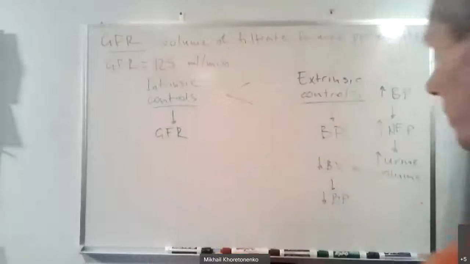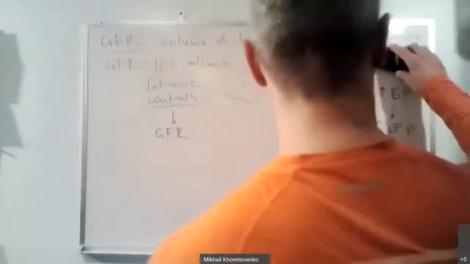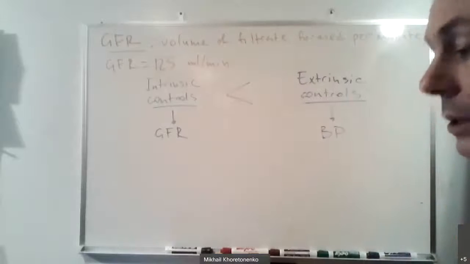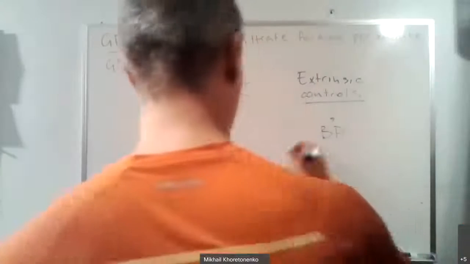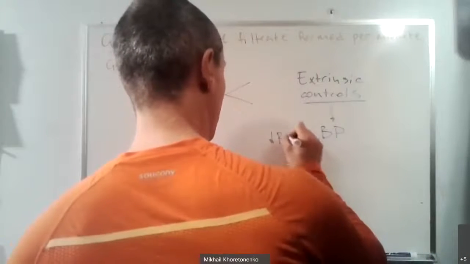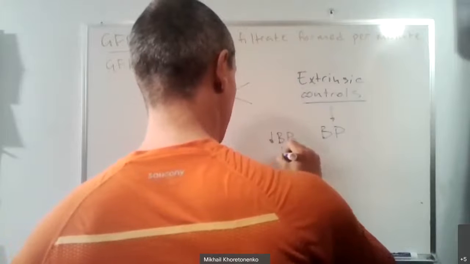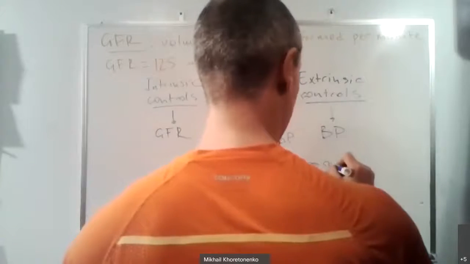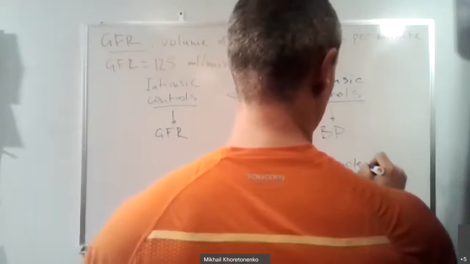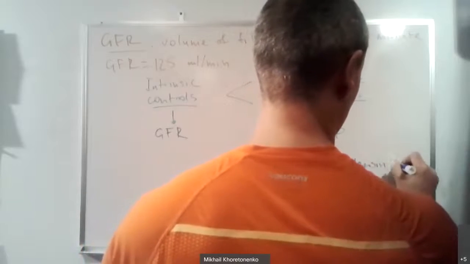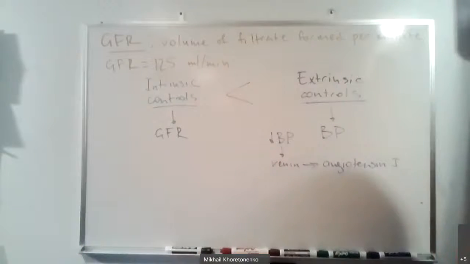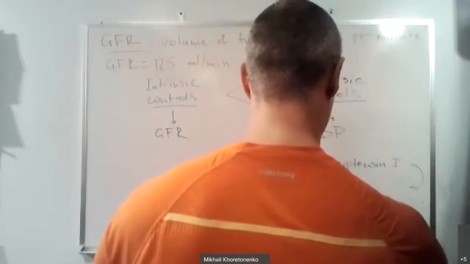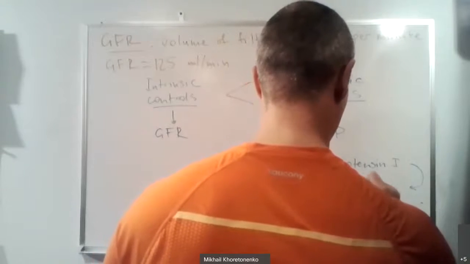And the indirect mechanism will be the renin-angiotensin-aldosterone system. When low blood pressure activates renin, renin activates angiotensinogen into angiotensin 1. Angiotensin 1 is activated into angiotensin 2.